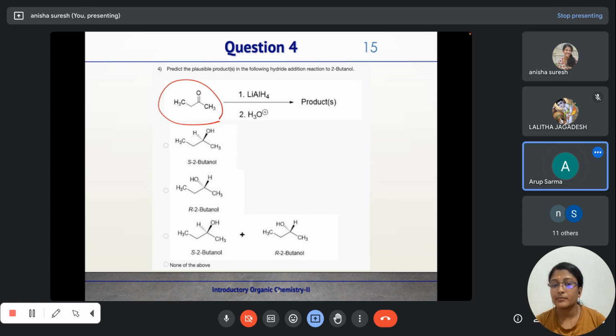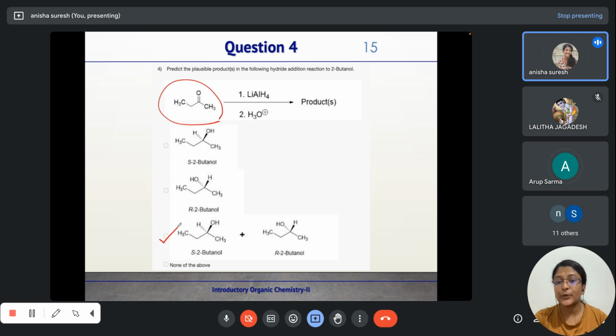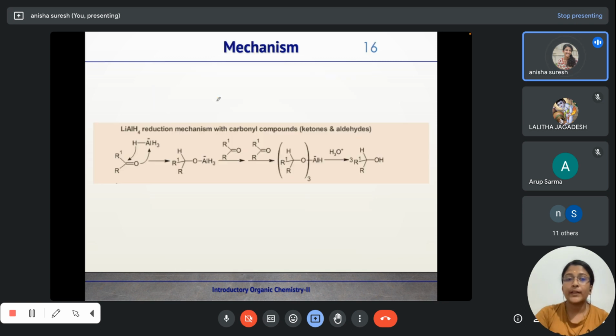I think both S-2-butanol and R-2-butanol will be forming, because this is not a carbonyl compound which already has a stereogenic center, as we have seen in the case of Felkin and Cram models, etc. So here the mechanism will be like this.